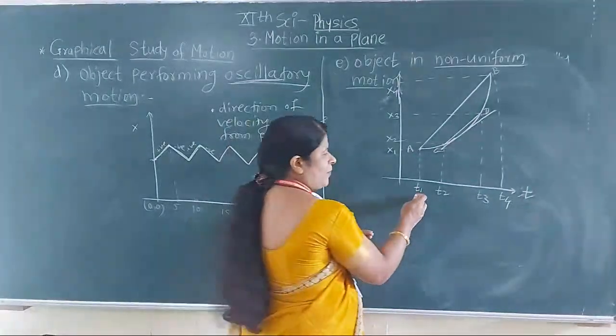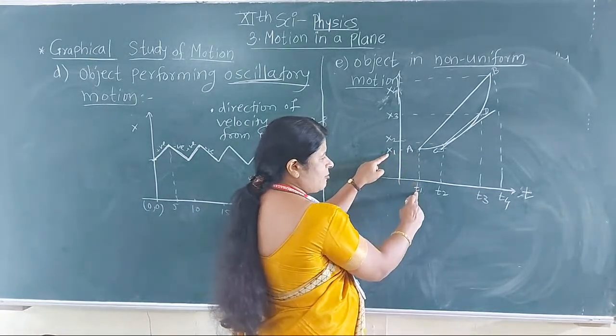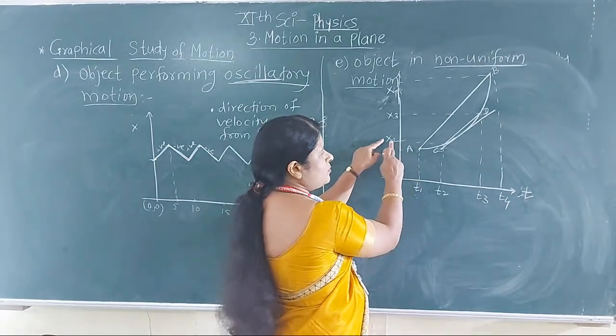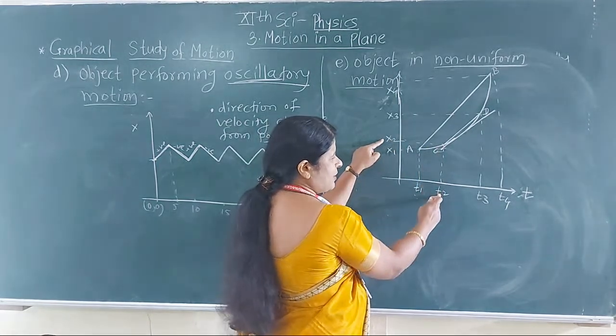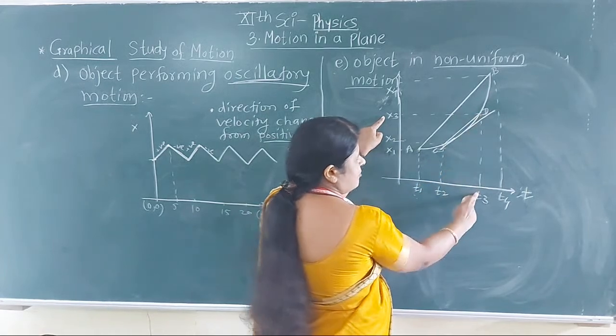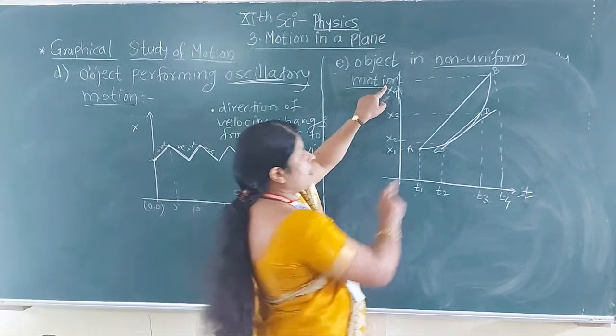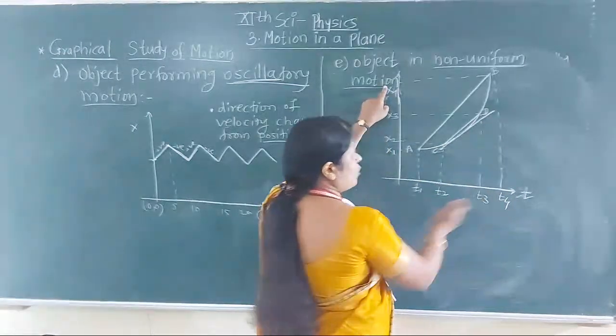And as time passes, when the object is at distance x1, it covers time t1. When the object is at x2, it covers time t2. When the object is at x3, time t3. And when the object is at x4, time t4.